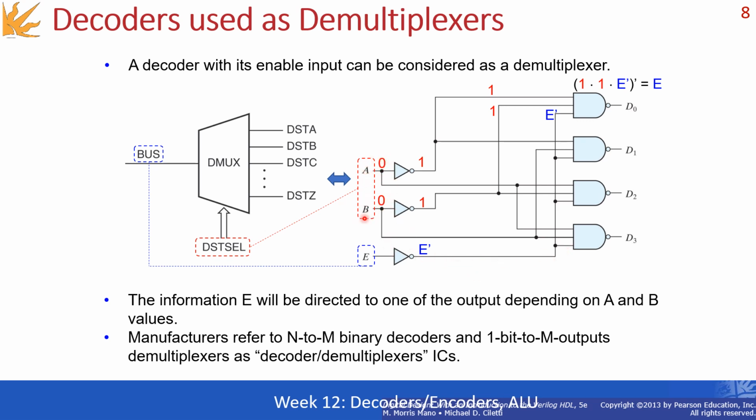Like the first selection over here, 0, 0, if you just follow the paths, they will be first negated to 1 and 1, it will be passed here, and the result, if you make the calculations, will be E. In other words, the information that we passed through the enabling bit.